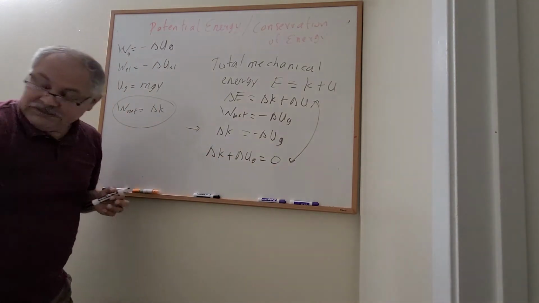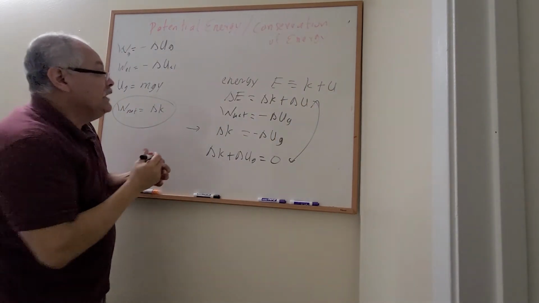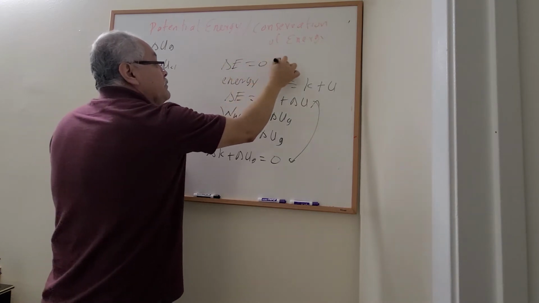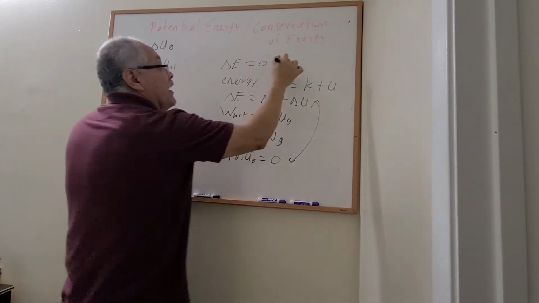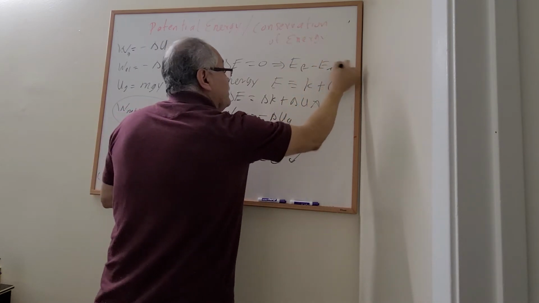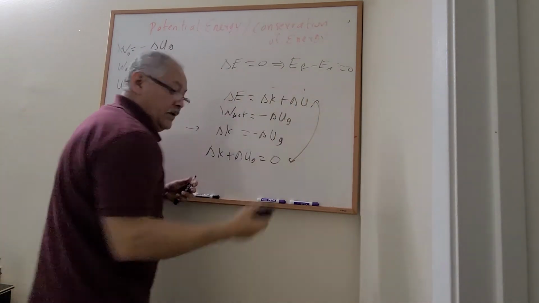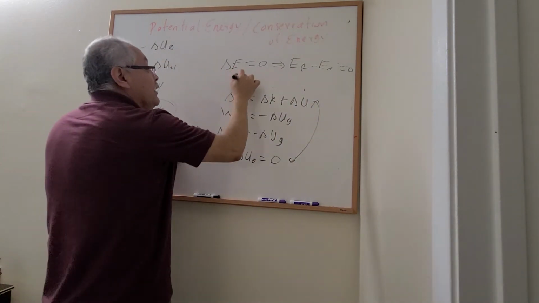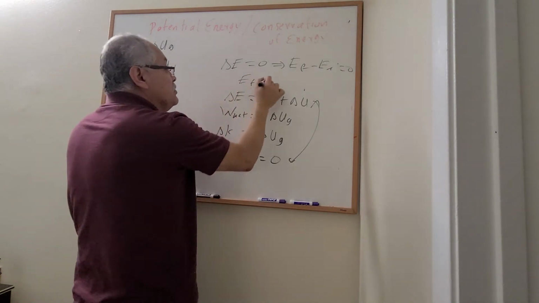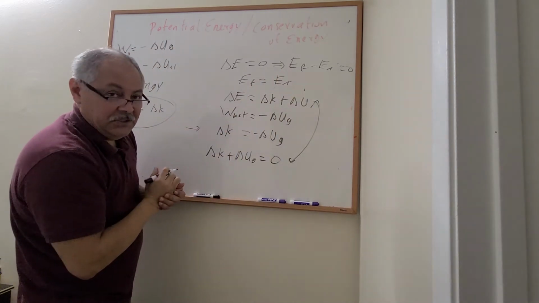When that happens, what do we have? One more time, the change in the total mechanical energy equal to zero implies that final minus initial equals zero. This means that the final total mechanical energy is equal to the initial mechanical energy.